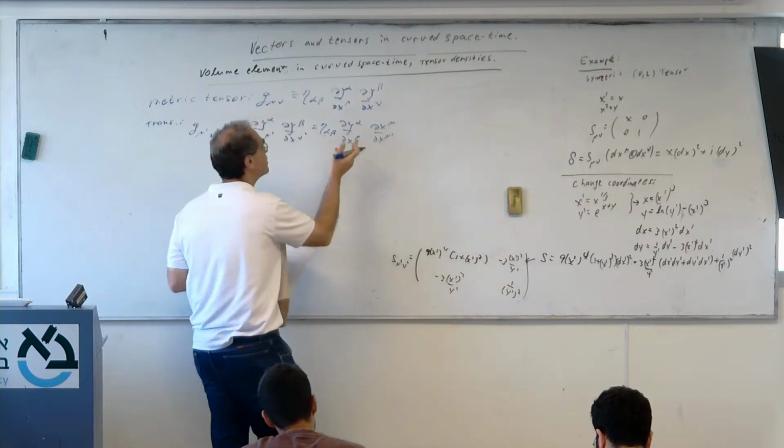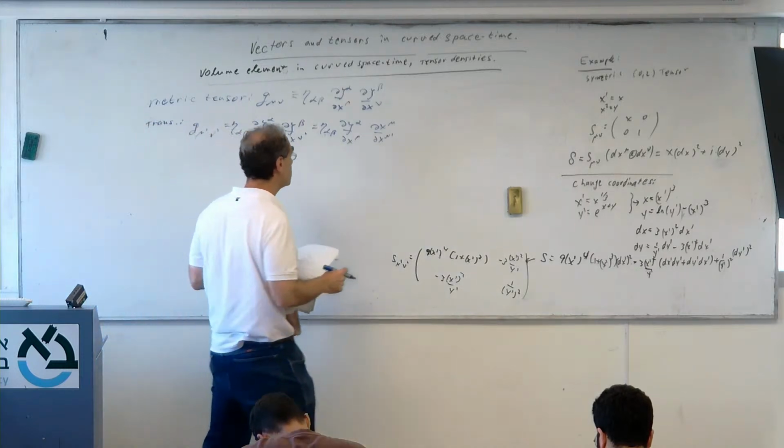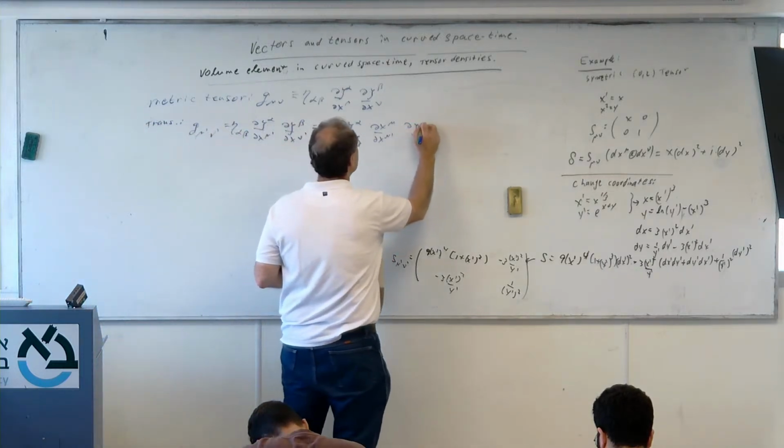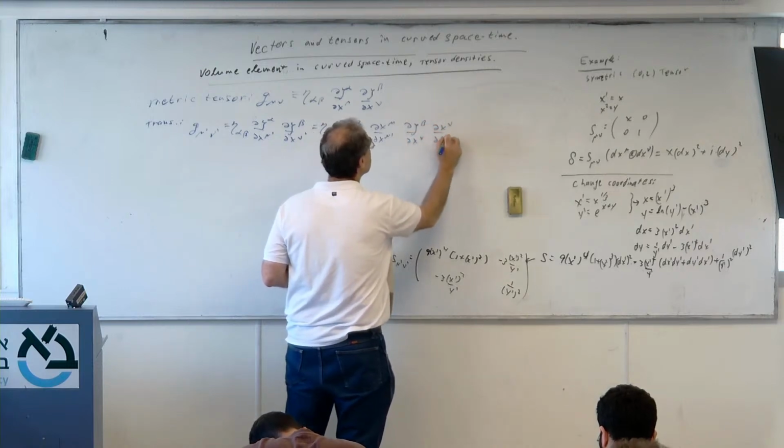I just express it now in terms of the old coordinates. Then d psi beta over dx nu, dx nu over dx nu prime.